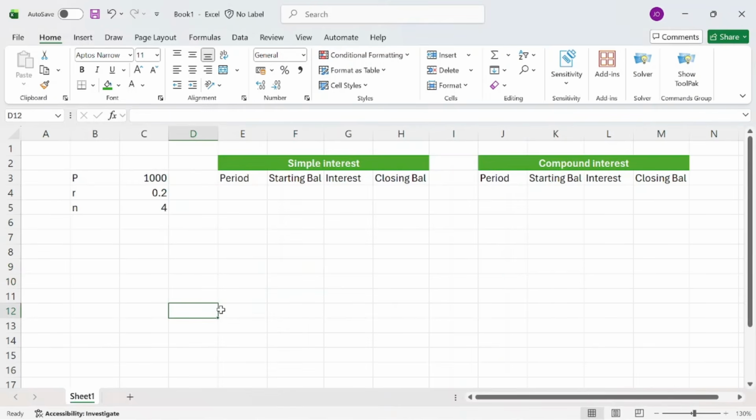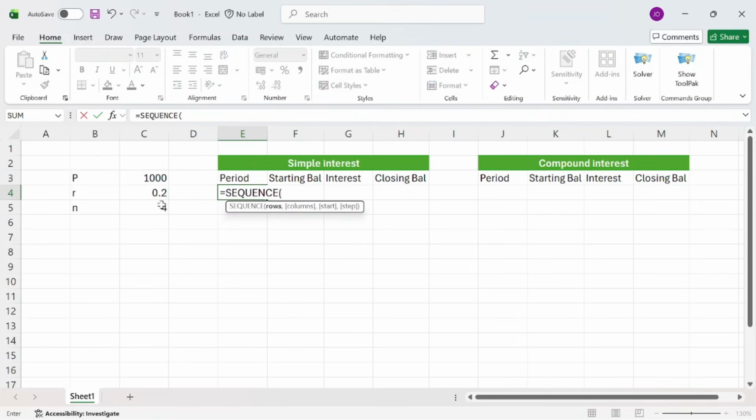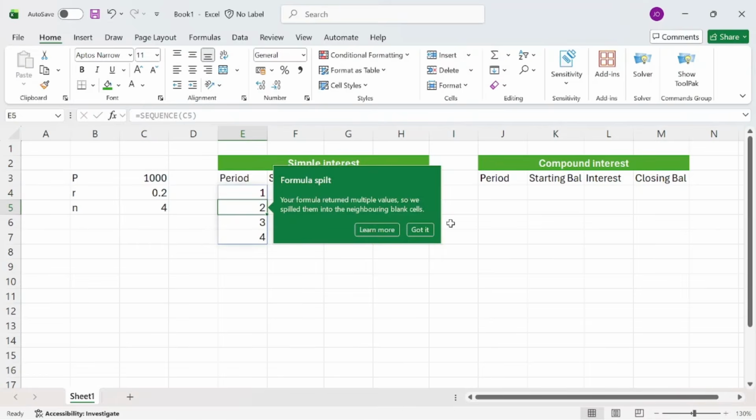In Excel, this is going to be easy. Now we have our principal of £1,000, our rate of 20%, so that is 0.2, and a period of 4 years. So what we are going to do is we are going to calculate and break it down as this. So we are going to have our period, all the 4 years that we have.